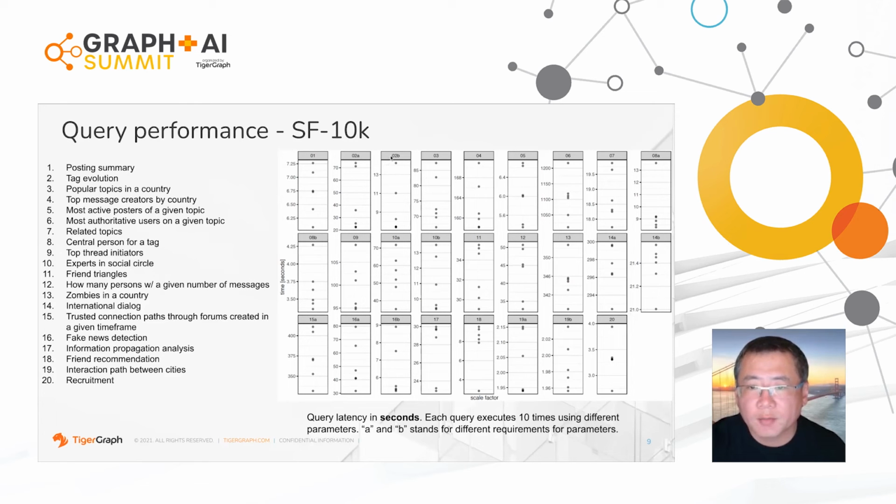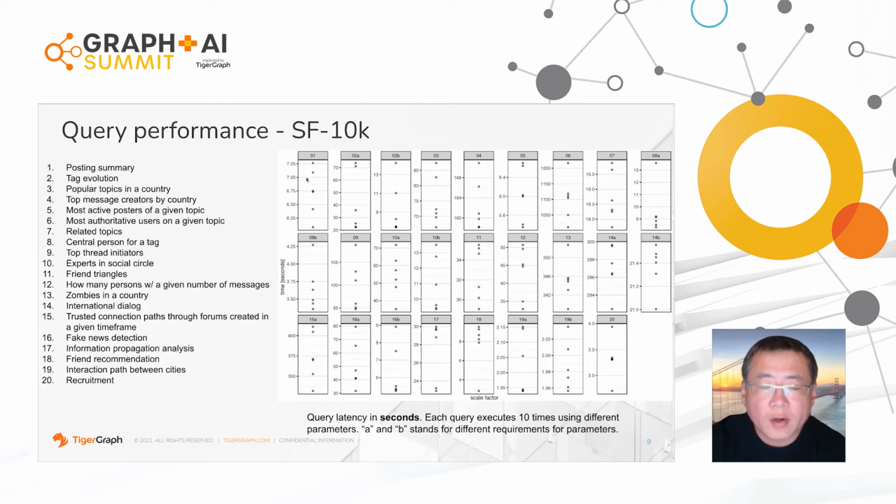The second set of parameters is 02B. And there are other queries that require two sets of parameters. For example, query 8 has two sets of parameters, 08A and 08B. And also query 14, query 15, and 16.